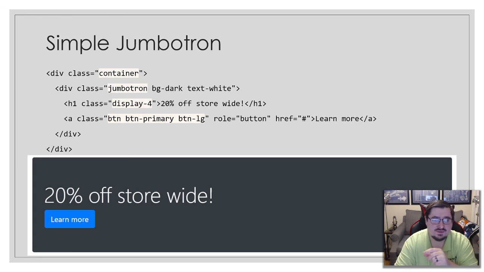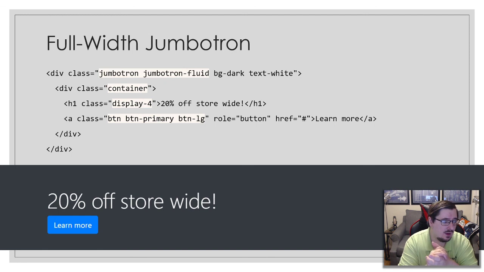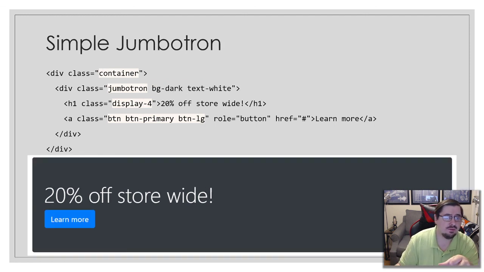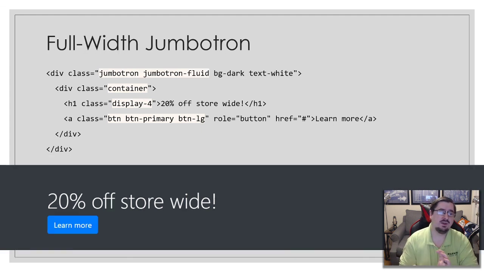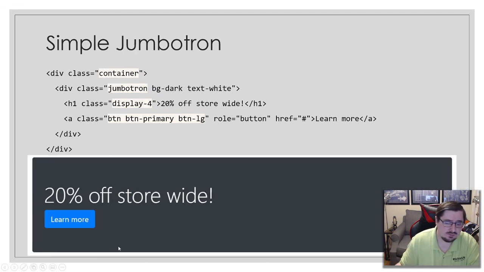Okay, now this is pretty simple, but remember, as I said previously, we have a container on the outside and then the Jumbotron on the inside, so this is not going to be the full width of the screen. If I switch these and I add a class called jumbotron-fluid, you'll notice that the Jumbotron normally has rounded corners, and that works well if it doesn't fill the full width of the page.